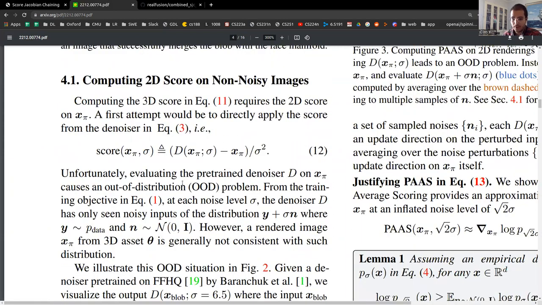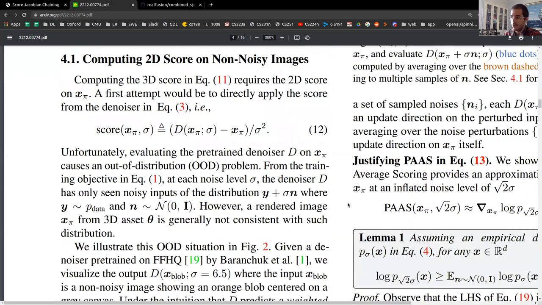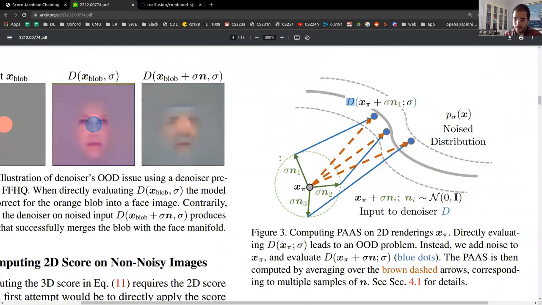In order to solve this, they use the perturb and average scoring algorithm. Simply, this perturb and average scoring function does the adding of noise and denoising step multiple times within this area. Instead of taking a single point as reference, it takes multiple points as reference, and it adds different noises every time.